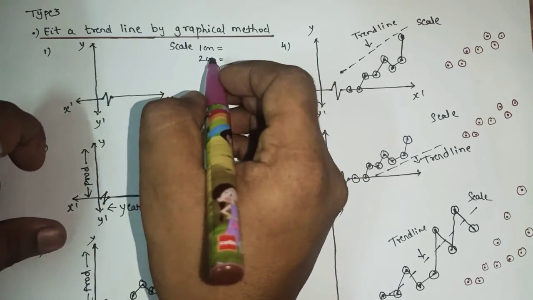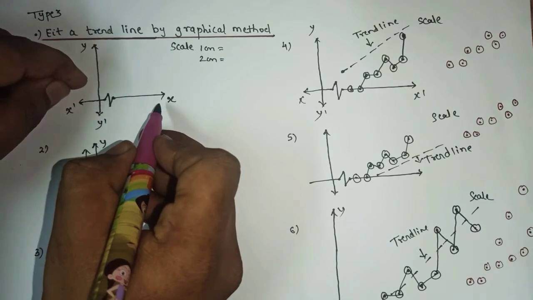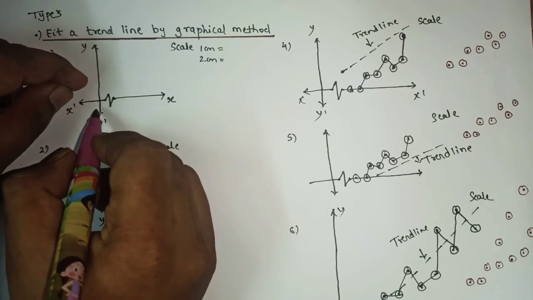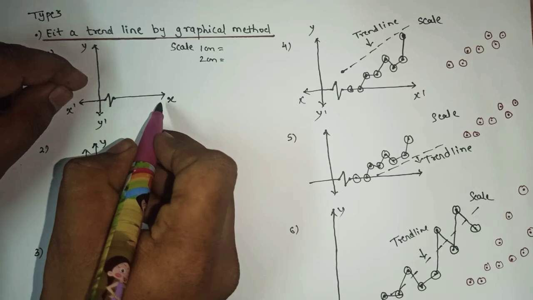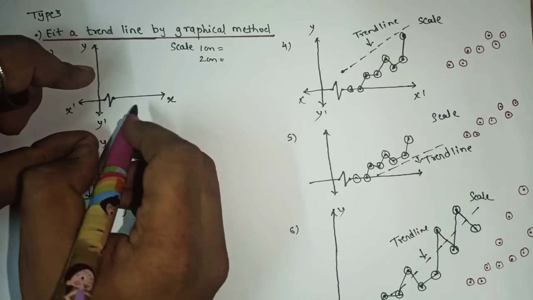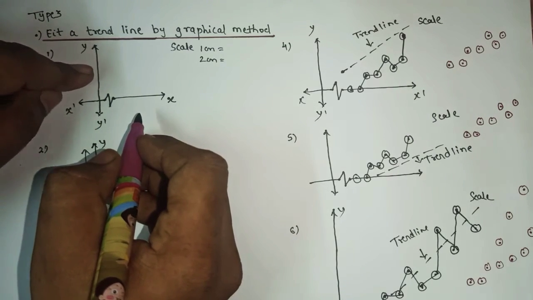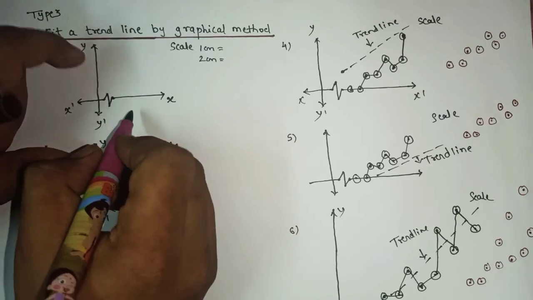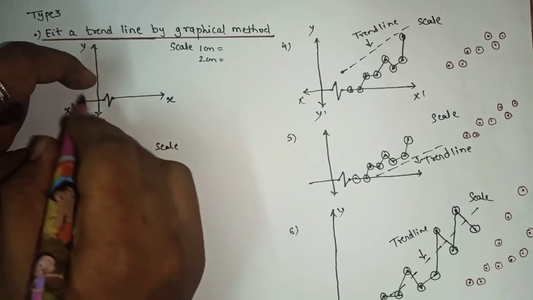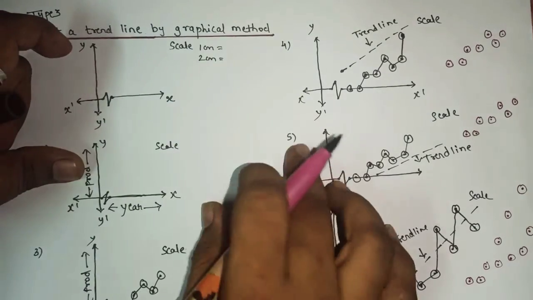Now see to it that if you are taking 1 centimeter on the x-axis, take 1 on y only. If you are taking 2 centimeter so and so number on x-axis, then 2 centimeter on y. Don't do like this, 1 and then 2 centimeter in y-axis. Both the axes should contain the same centimeter, 1 1 2 2.